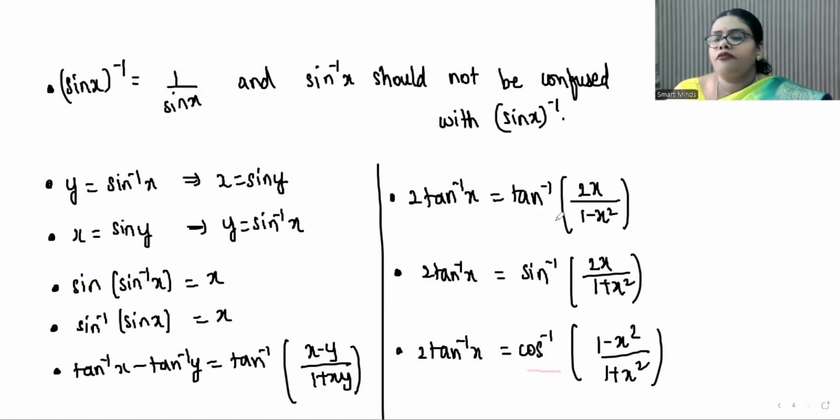In terms of tan, we can write it as tan inverse of 2x by 1 minus x square. In terms of sine, we can write it as sine inverse of 2x by 1 plus x square. Then in terms of cos, it can be written as cos inverse of 1 minus x square by 1 plus x square. These are the important formulae from this chapter, which we will be using in the problems.